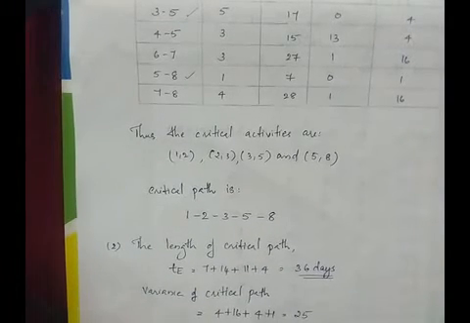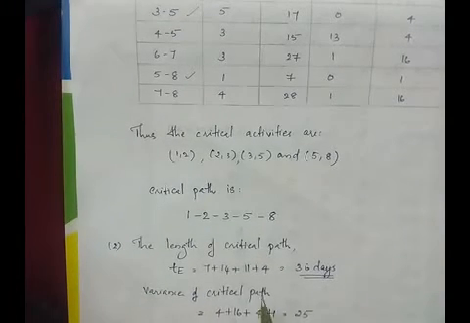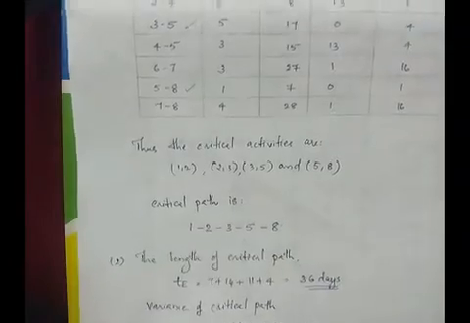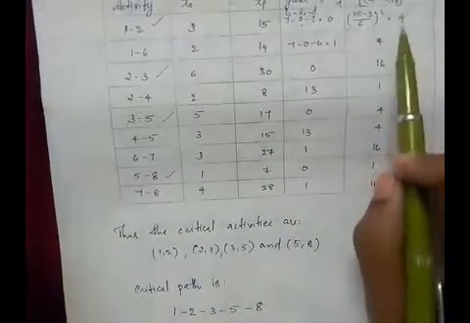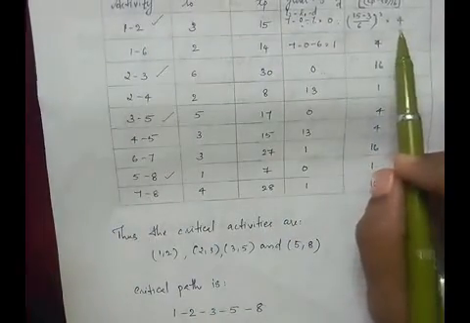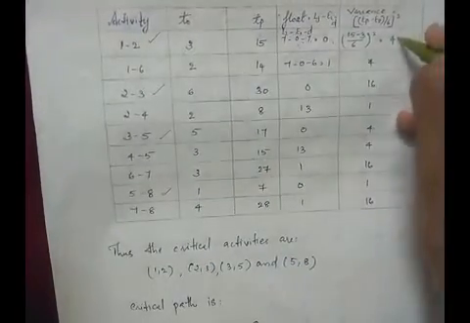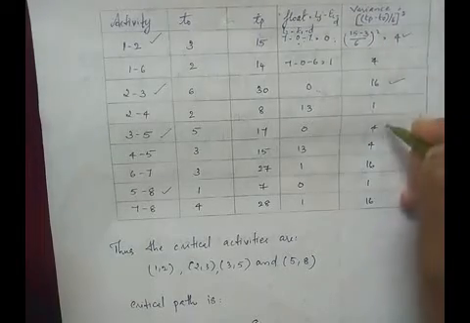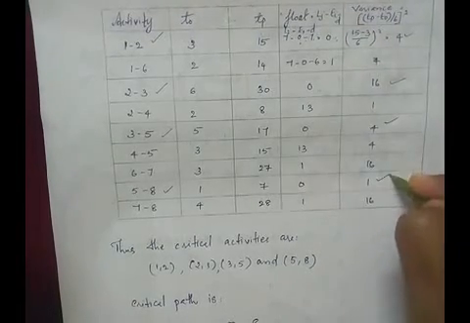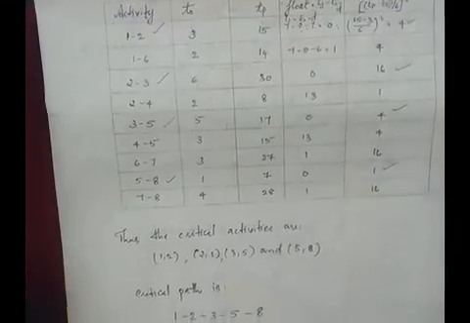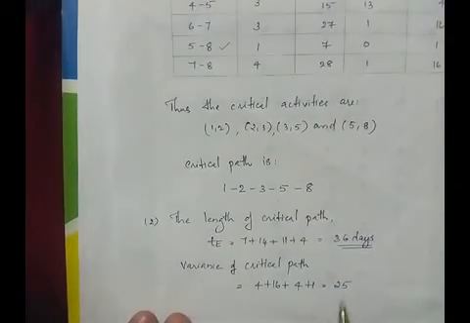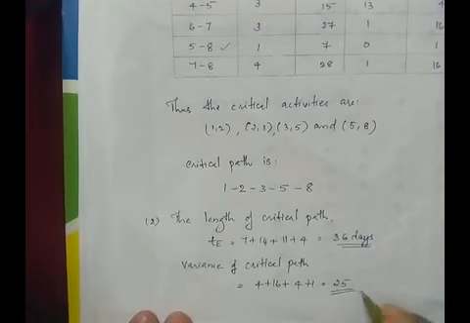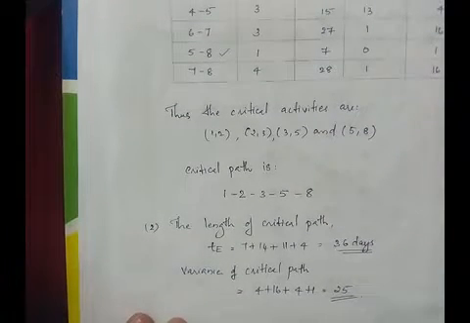Similarly, to find the variance of the critical path, add the variance values of the critical activities. For the first critical activity, 1, 2, we got variance 4. So 4 plus 16 plus 4 plus 1 will give you the variance of the critical path, and that is 25. So this is how we find the length and variance of the critical path.